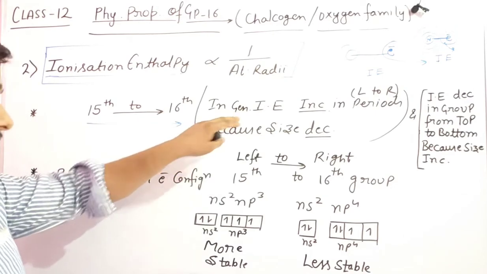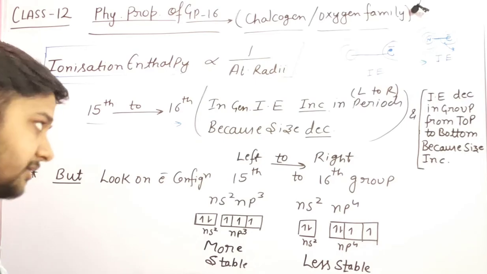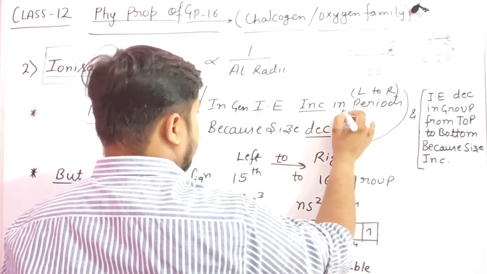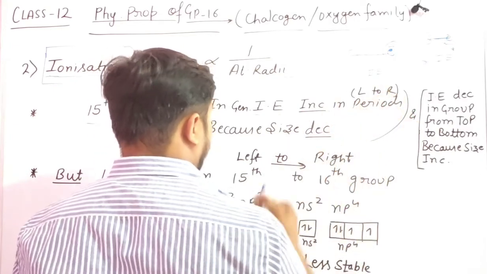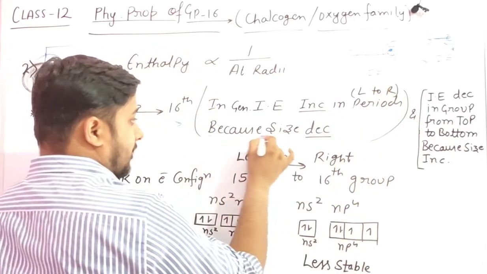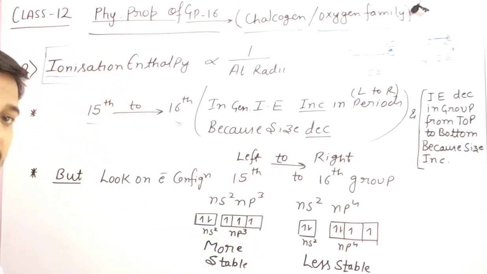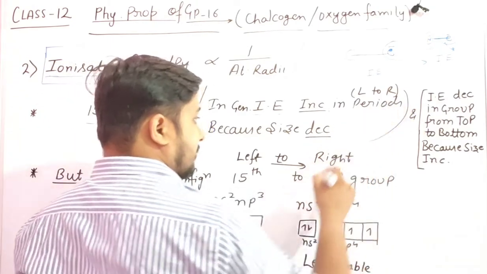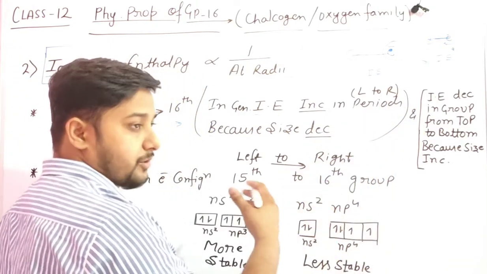In general, we are talking about the ionization enthalpy in general. The ionization enthalpy increases in a period from left to right. Clear? Because size decreases because of increase in effective nuclear charge, or we can say nuclear charge. Now, this is about the periods when we are moving from left to right.